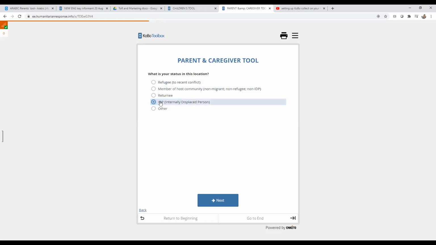We don't have them specifically in shelters, but they are still considered IDPs, since they are still renting houses because their original houses were destroyed. I don't know if that's applicable. If it's only refugees related to the conflict in Syria or Iraq, I don't know what the option is here. Yes, so in your case, you will not have a refugee. You will either have an IDP or somebody from the host community. Okay, thanks for clearing this up.